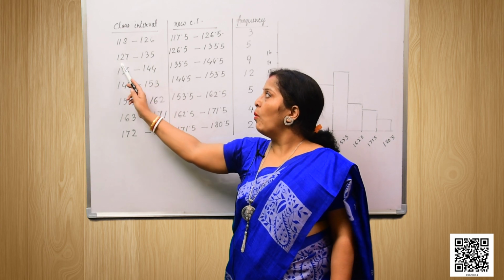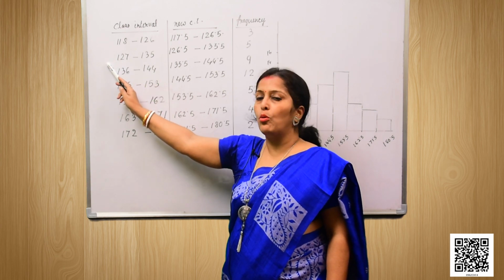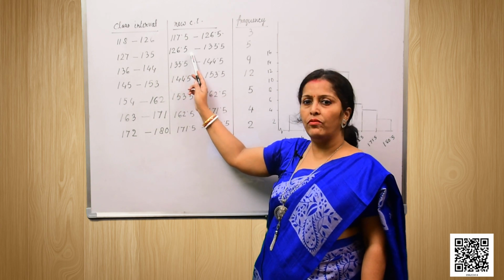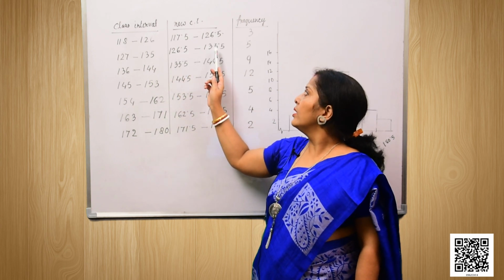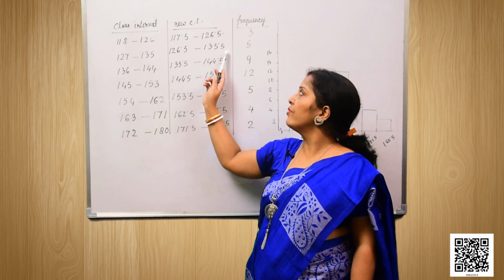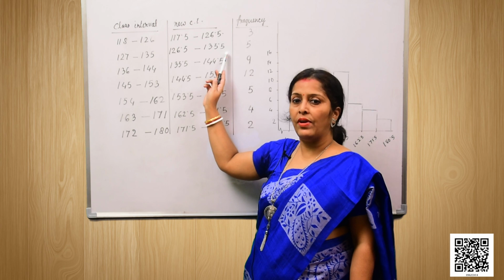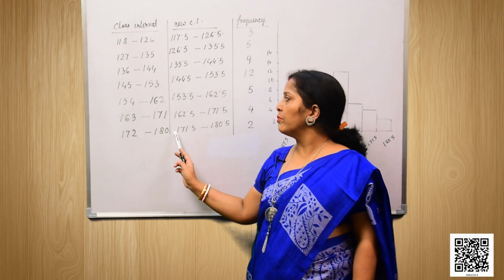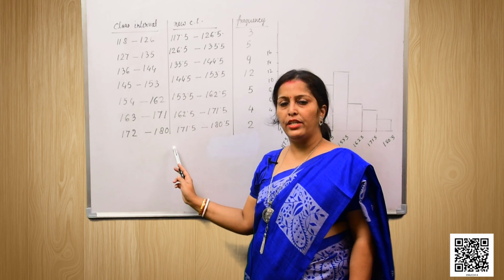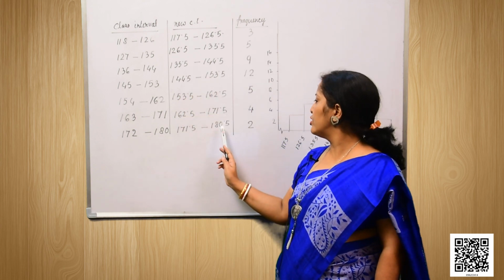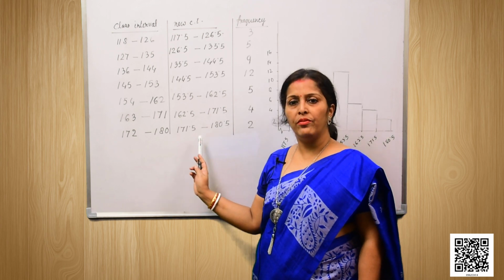Next class, 127 minus 0.5 will give me 126.5. Then the upper limit will be 135 plus 0.5, which is 135.5. Similarly, we do the same thing with all of them. The lower limits will be changed by minus 0.5 and the upper limits by plus 0.5.